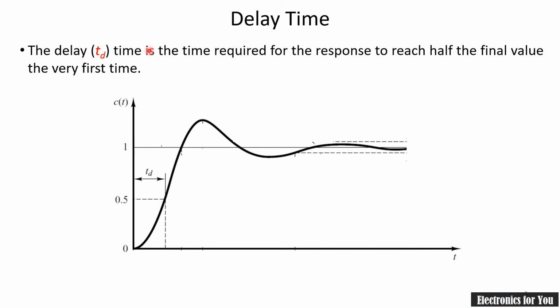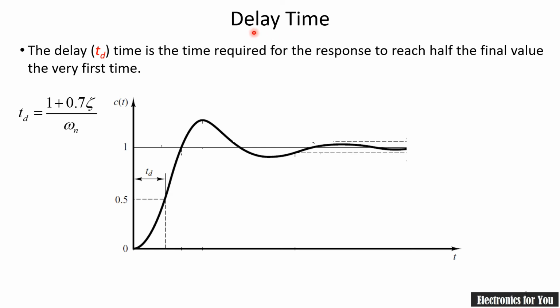So delay time can be defined as the time required by the response to reach half of the final value for the very first time. Its formula is 1 plus 0.7 zeta divided by omega n, and it is indicated by TD. Its unit will definitely be seconds because it is a time.